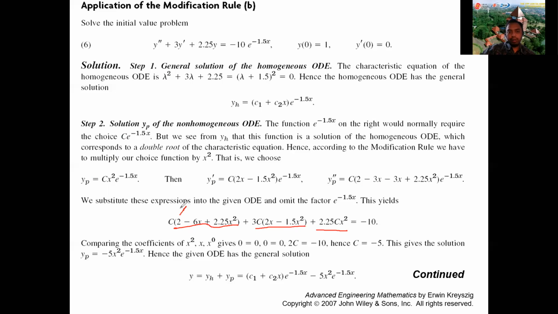So if you take x squared like this, it will be 2.25c minus 4.5c, and then plus 2.25c.